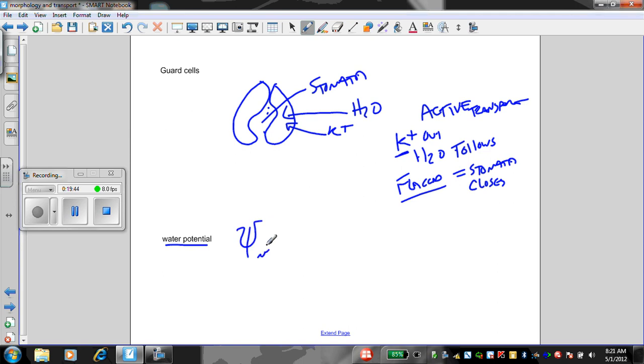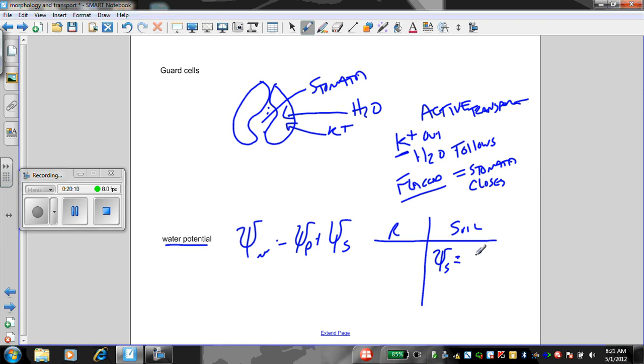So water potential is psi of W, and as far as we're concerned, we're just going to deal with the pressure and the solute. So the scenario would be like a root and the actual soil around it. If the soil has a little bit of salt in it, keep in mind fresh water has a solute of 0.